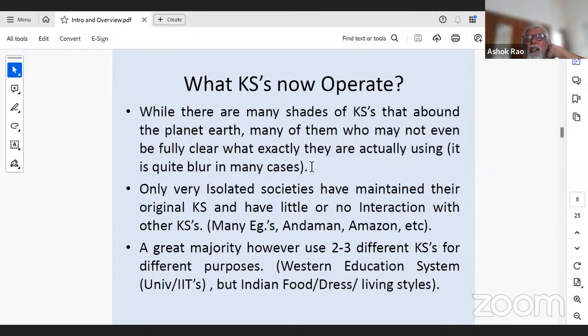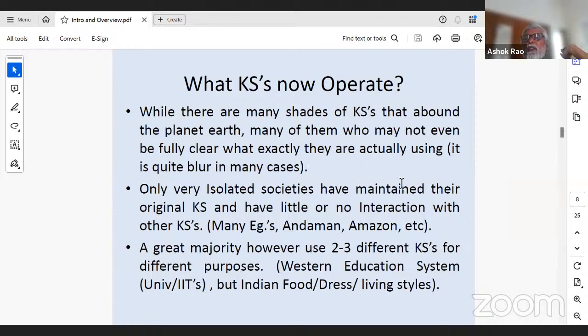For some people, for example, it's very common with college students now to wear a combination of jeans and kurta. Kurta is predominantly an Indian dress. Jeans is predominantly a Western dress item. But this combination seems to work very well for college-going students. Most universities have this now. It's also come down to girls.